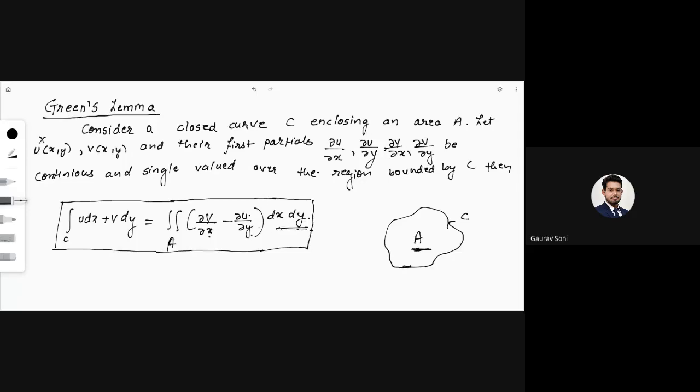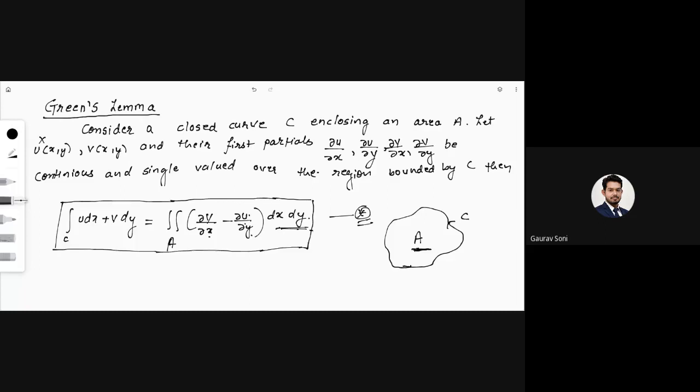This is very important because a lot of line integral problems can be converted to the double integral and we could solve them easily.